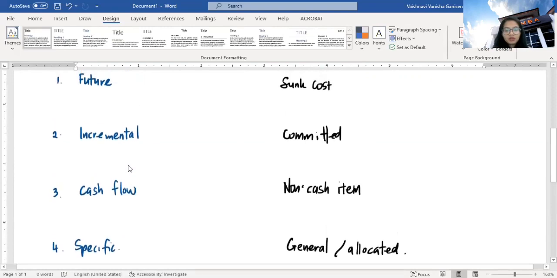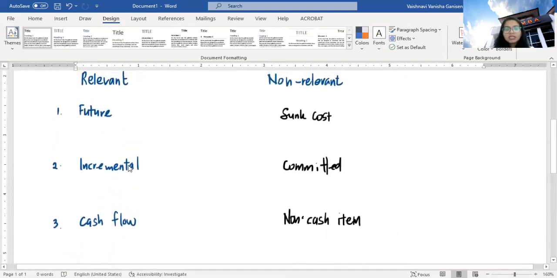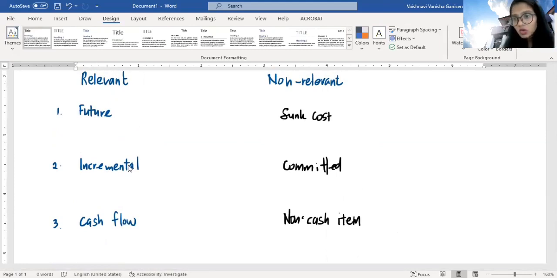Okay. Now, what is an example of a future cost? That means you are due to incur it in future because you take on the decision. Example, all your variable costs. All those variable costs are costs that you are due to incur in future because you have undertaken the decision to buy the machinery.